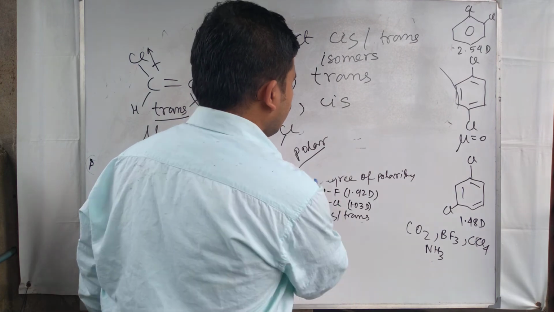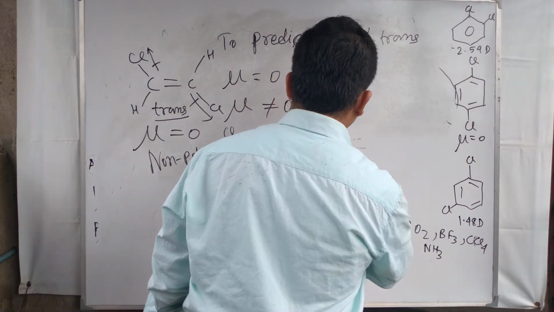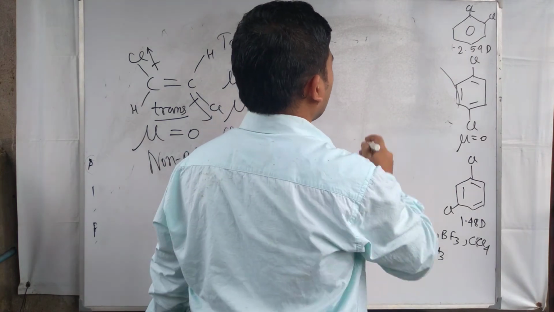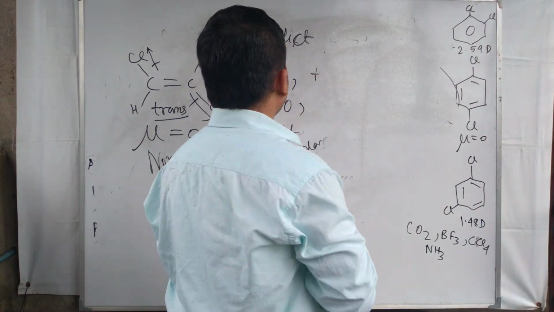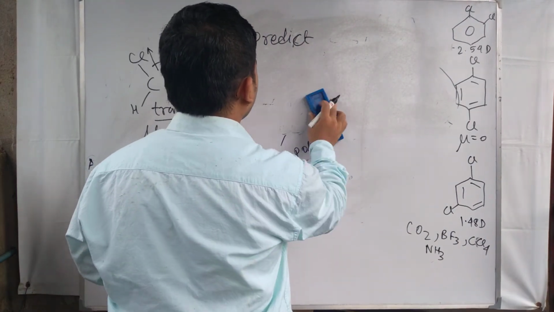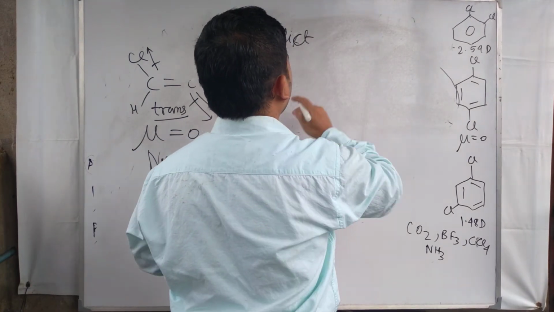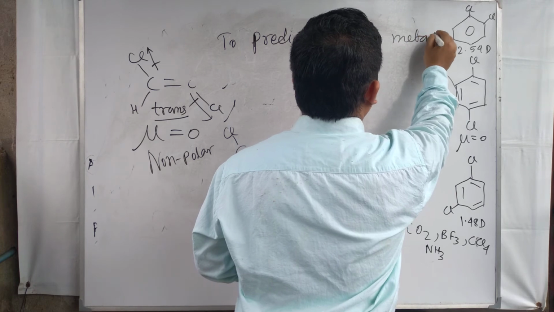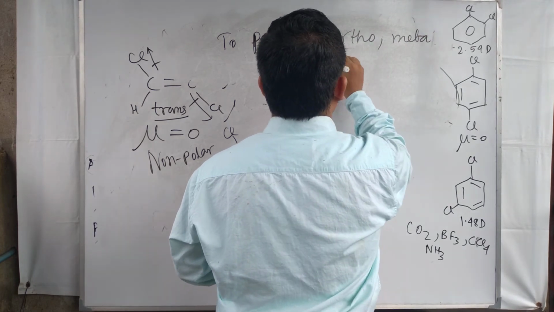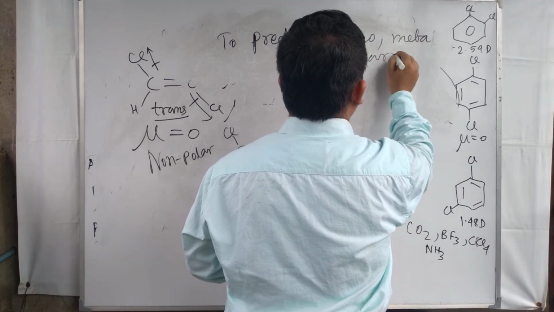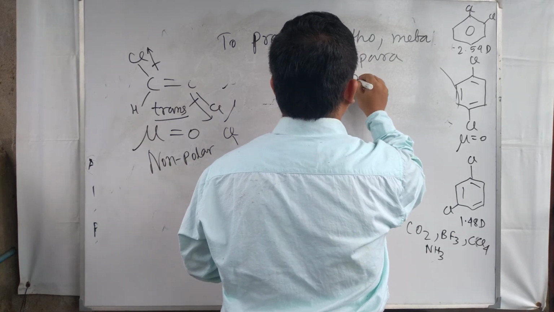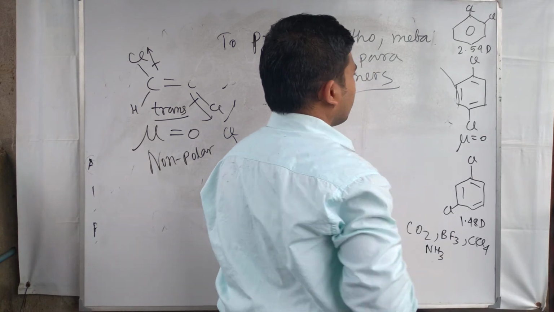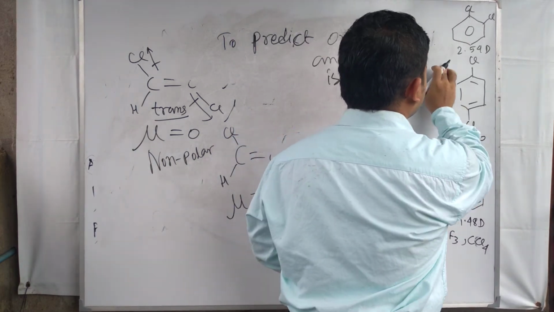So to predict the cis and trans isomers, the dipole moment is a very useful concept. Next important thing is to predict the ortho, meta and para isomers.